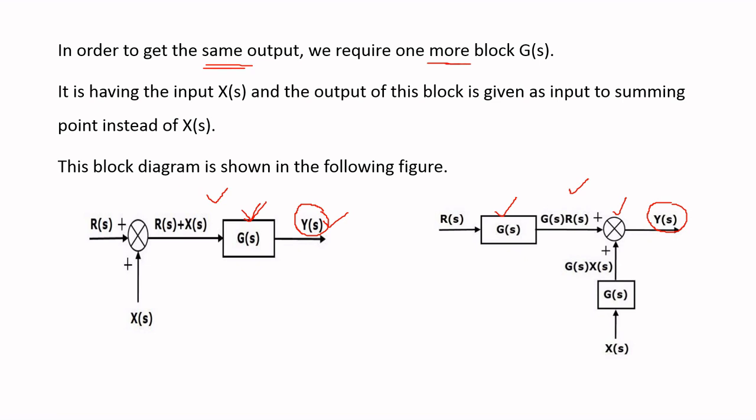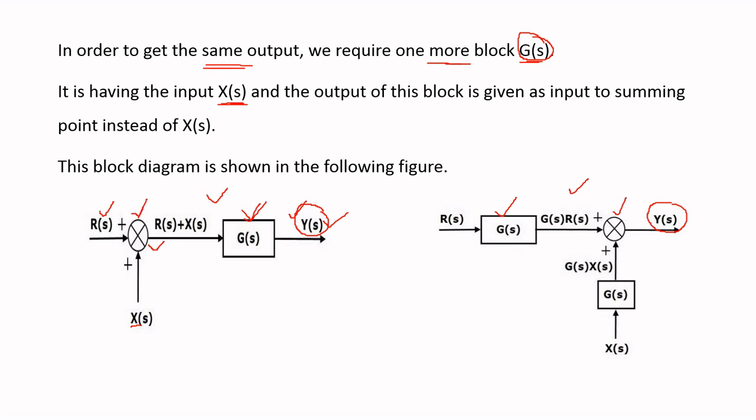If you want to shift this summing point after the block, we require one more block g of s. This g of s is connected to the x of s. Instead of giving x of s to this summing point, we give g of s as an input to the summing point. Here r of s and x of s are the inputs to this summing point.